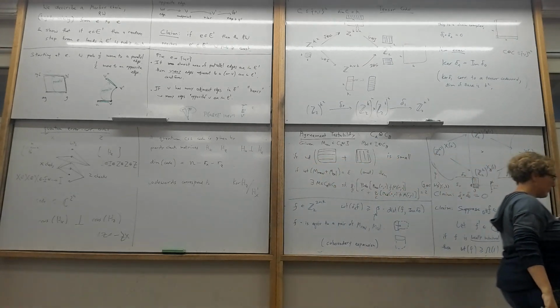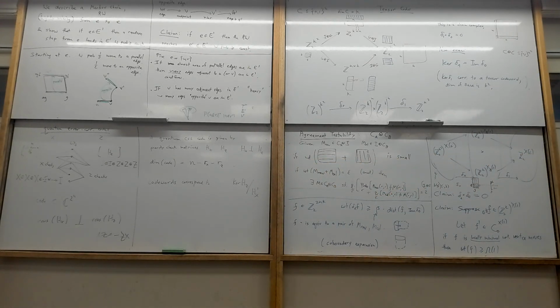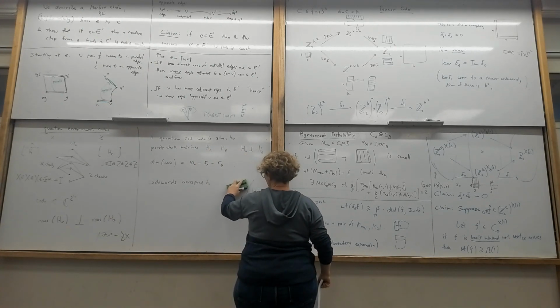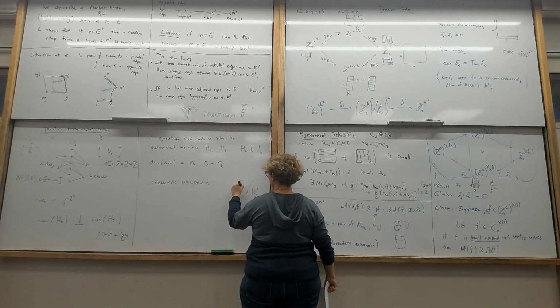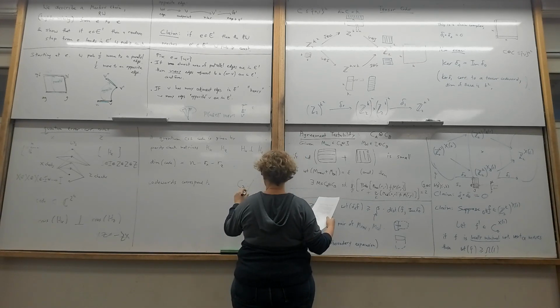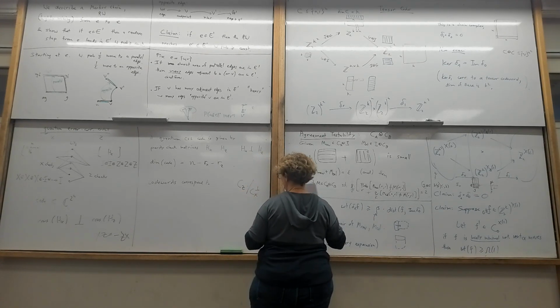Let me make sure I'm not making a mistake. Okay, let's write it differently. Kernel of HZ is really CZ, right? So it's the code of Z divided by the code of X perp.